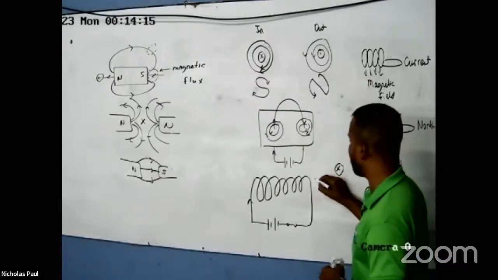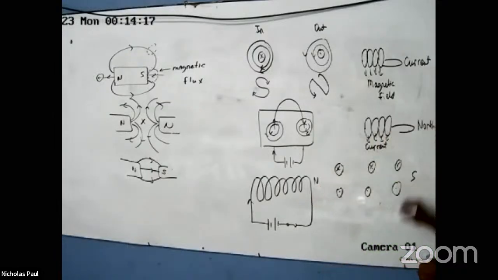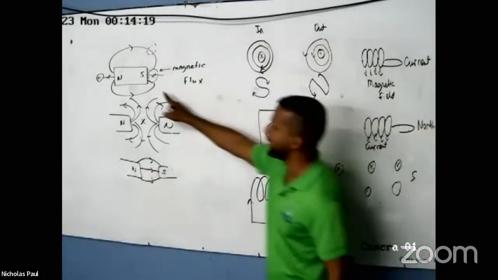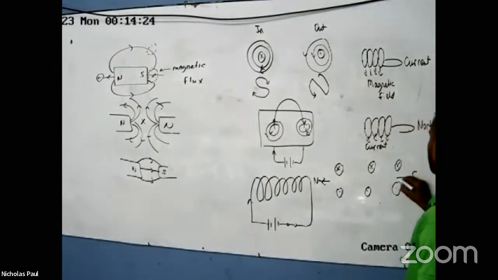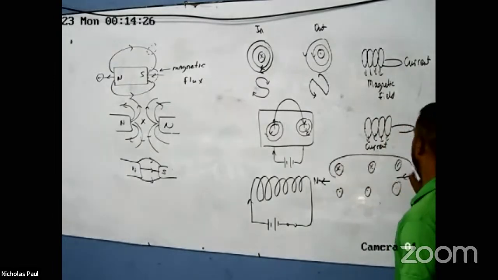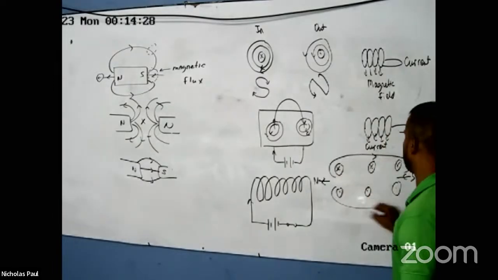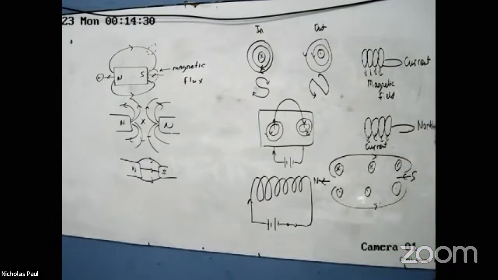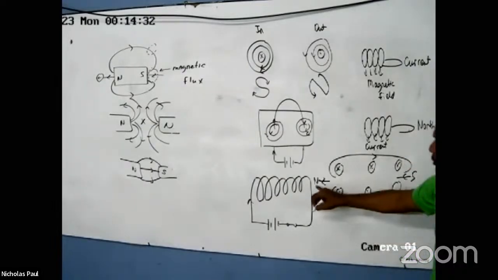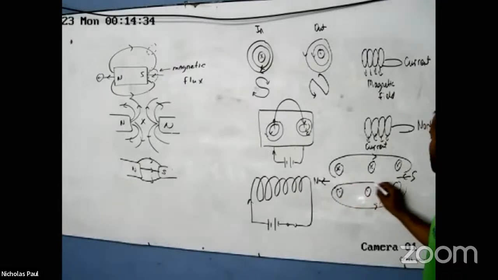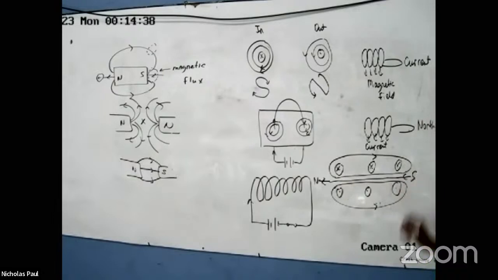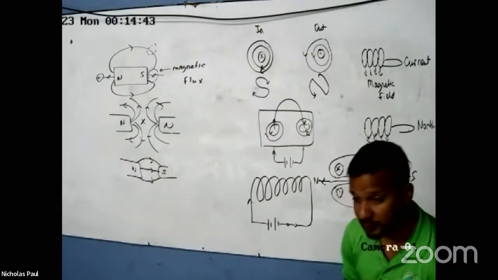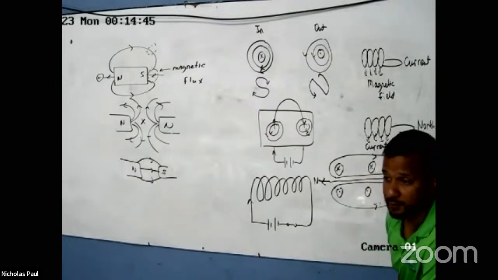So it means that here is north and here is south. Magnetic fields always leave the north and go into the south. Are you okay with that? So once you figure out north, you know where south is, and you can connect them if you want. Everybody okay with that?